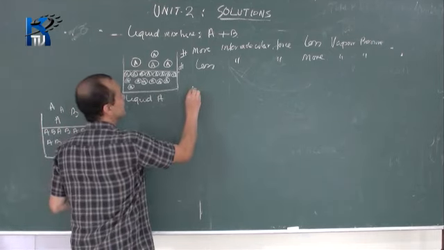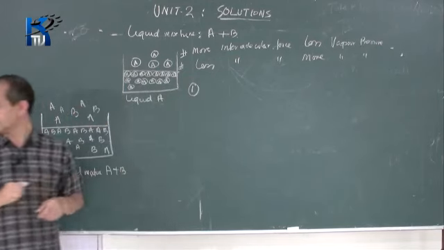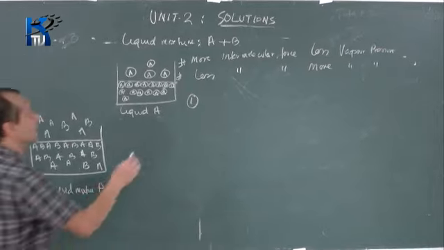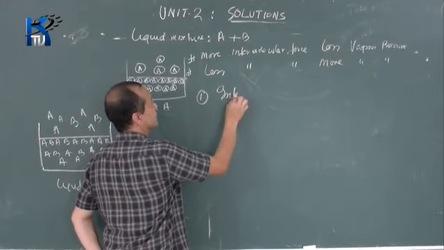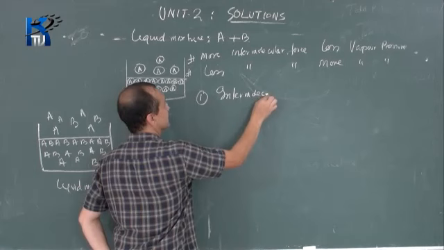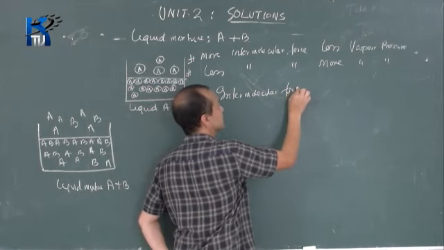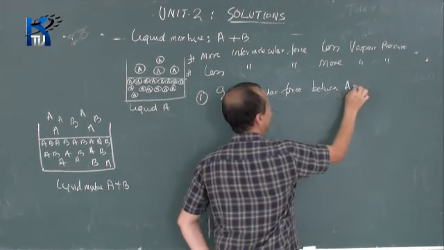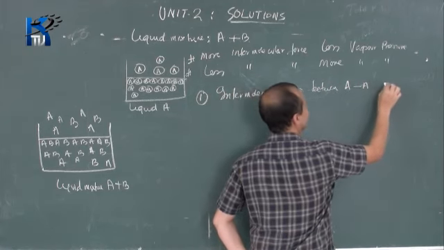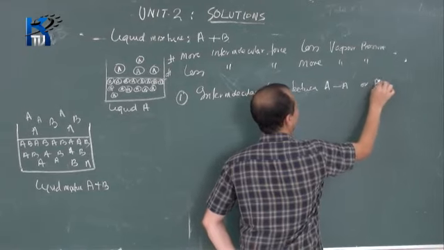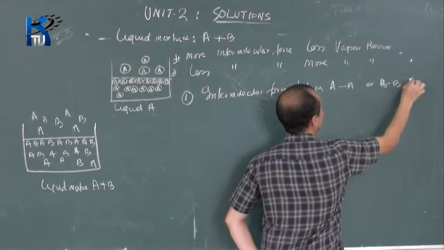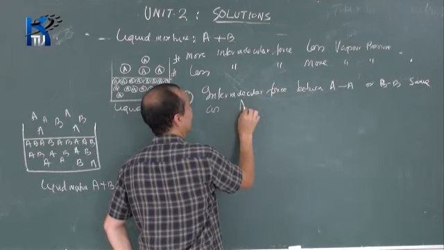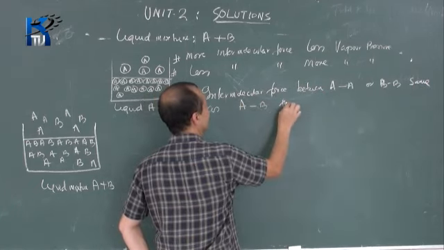Number one: the intermolecular force between AA or BB is the same as AB.